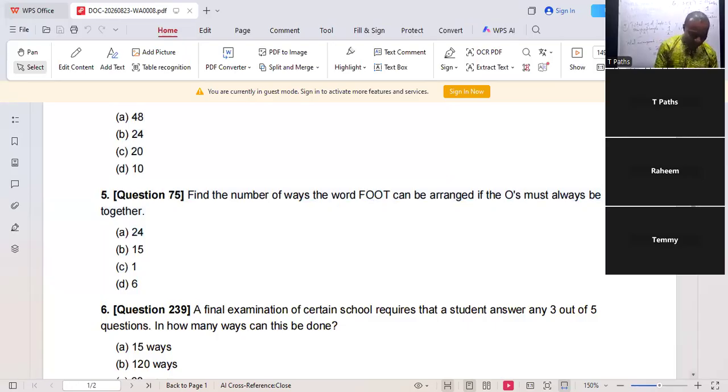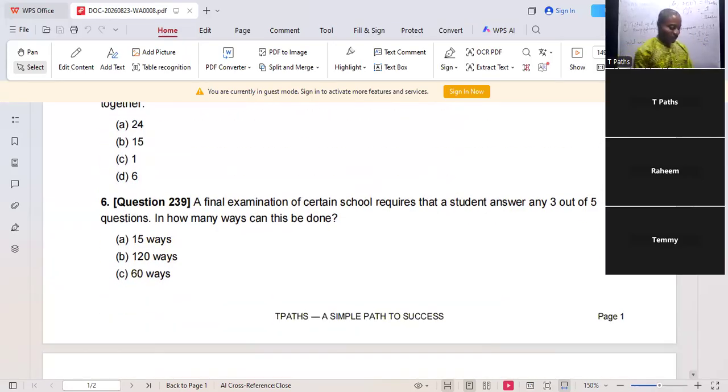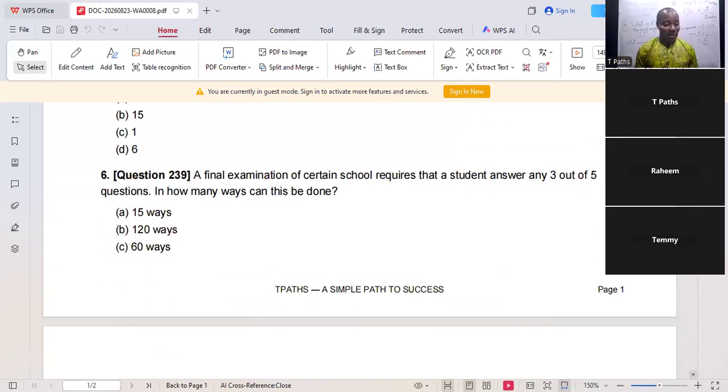All right. Now look at question 6. Whenever you want to solve a question in mathematics, you have to read the question carefully so that you know how to go about it. Question 6 says, a final examination of a certain school requires that a student answer any 3 out of 5 questions.